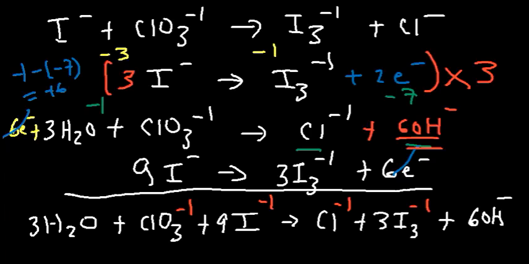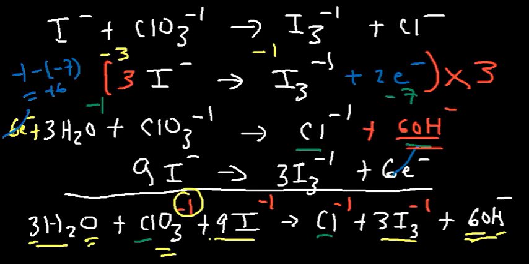Okay, so let's check our work. So the iodine atoms are equal, 9 on the left, 3 times 3 is 9. We have 1 chlorine atom on both sides. 3 times 2 is 6, 6 hydrogen atoms. We have 3 oxygen atoms there, another 3 here, so a total of 6. And let's add the charge. This is negative 1.